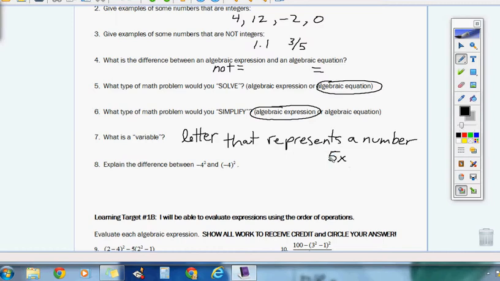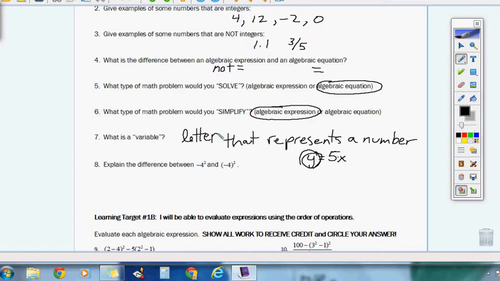I make $5 an hour times however many hours I work. So right here, x represents the number of hours that you work. You could take it the next step and say y equals this: the amount of money you're going to make is equal to 5 times x, where x is the number of hours you work. But you guys know that a letter represents a number.